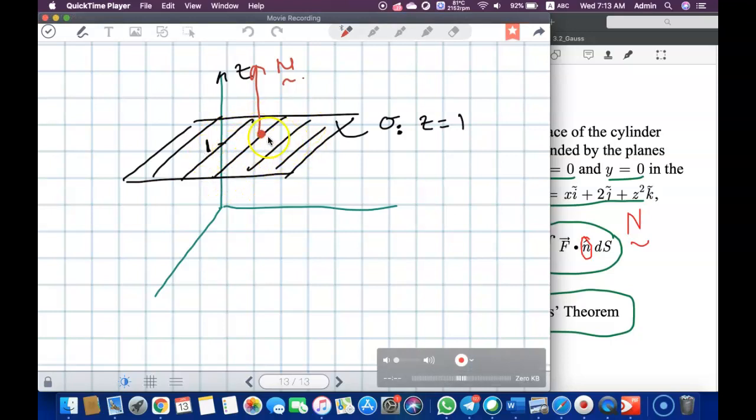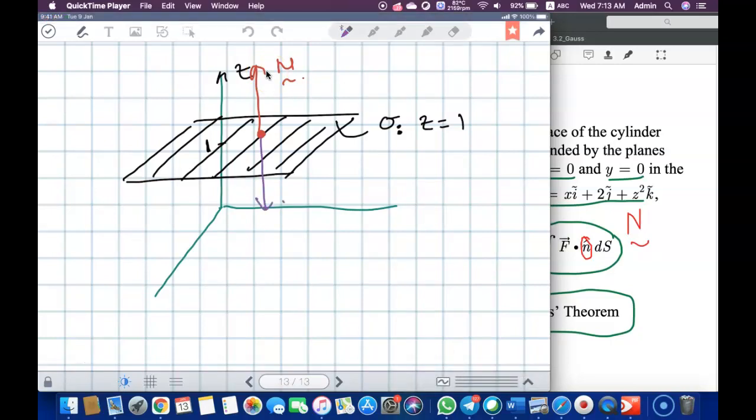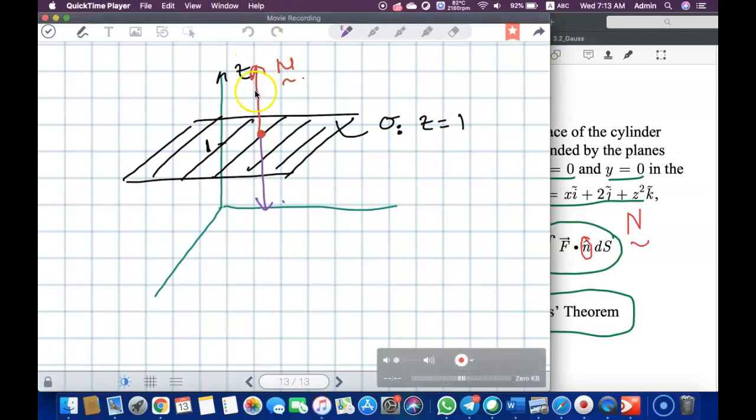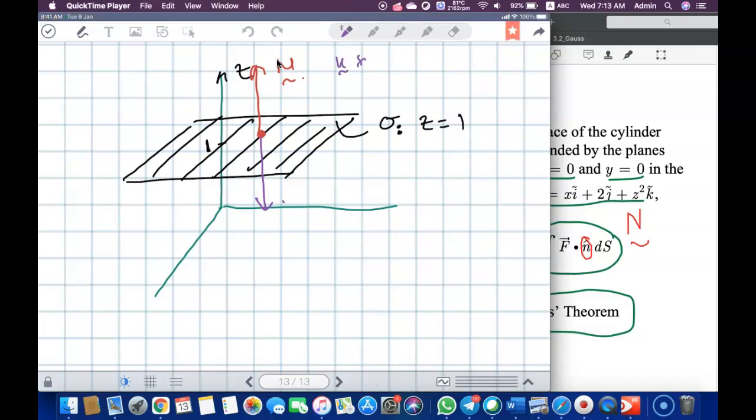Since we have a flat plane, we can determine directly that our n should be that way, or it can be this way. How can you determine the correct n? It can be both, right? Either the k component positive, or you can also determine k negative.